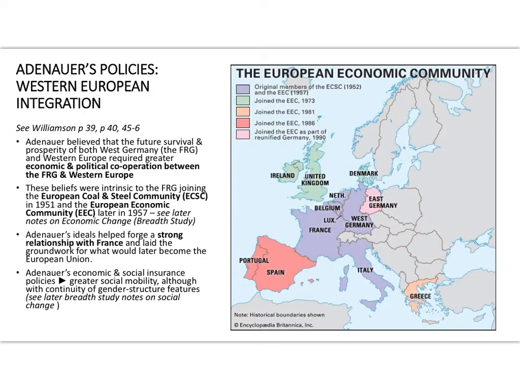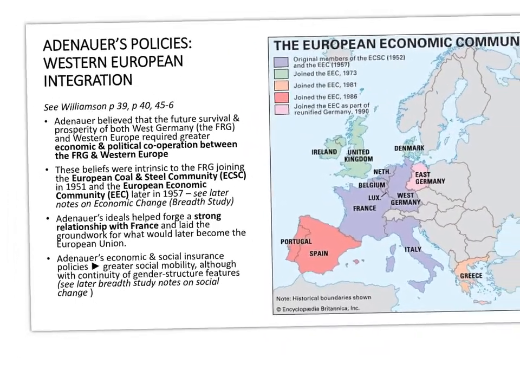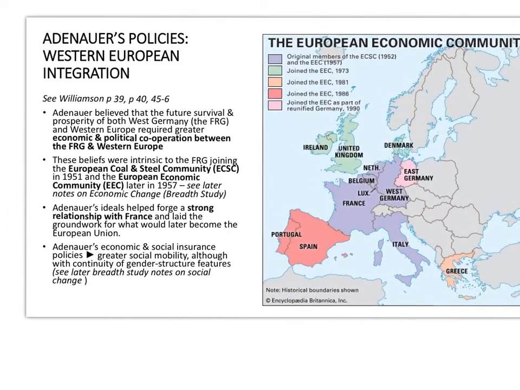I think this was the slide where we finished last lesson, so let's zoom into these. Adenauer, point number one. Adenauer believed that the future survival and prosperity of both West Germany and Western Europe as a whole required greater economic and political cooperation between West Germany and Western Europe.